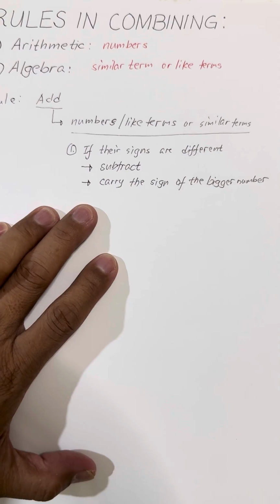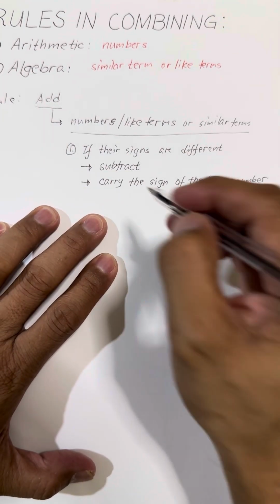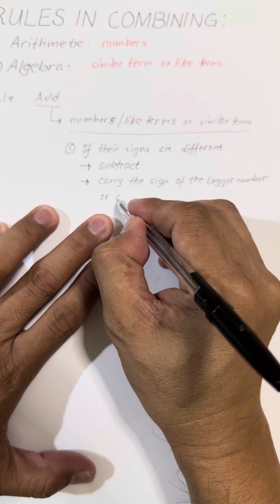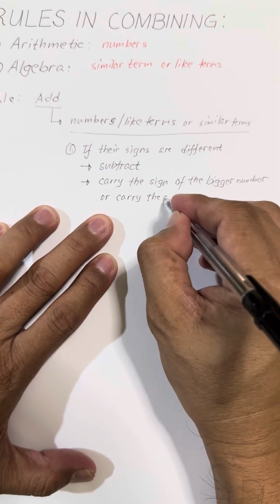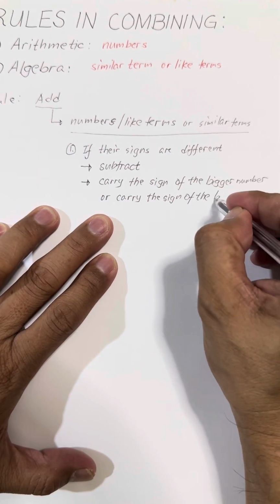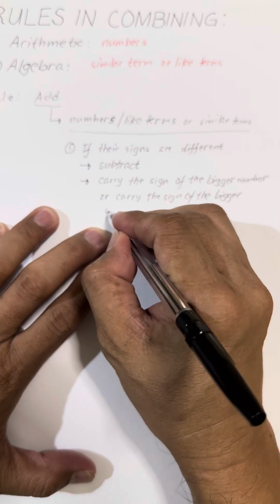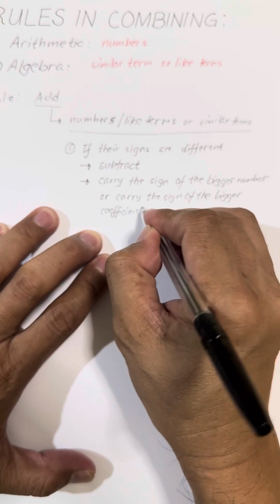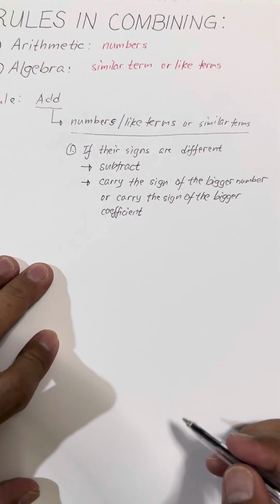But when you're dealing with algebra, you carry the sign of the bigger coefficient. Okay, that's the first rule under this rule, add.